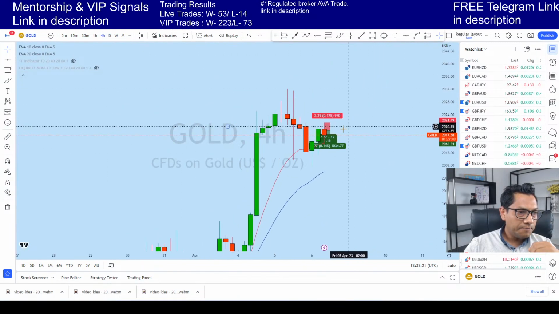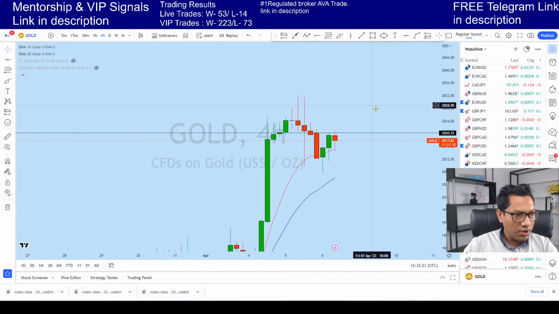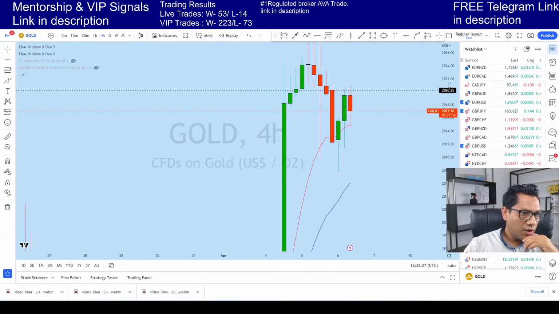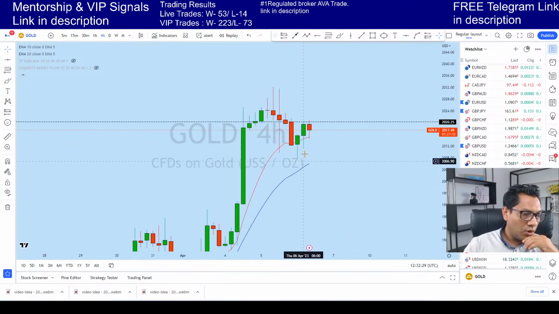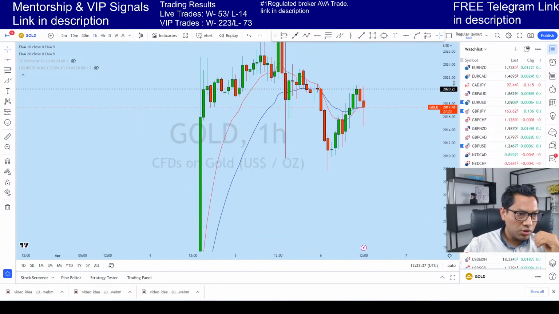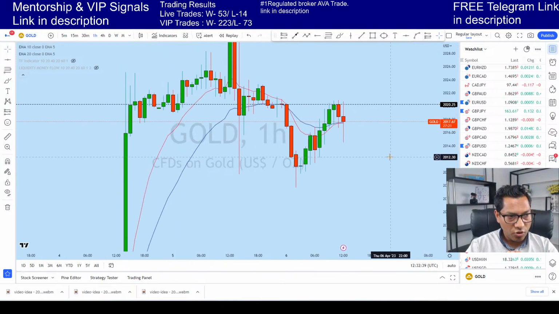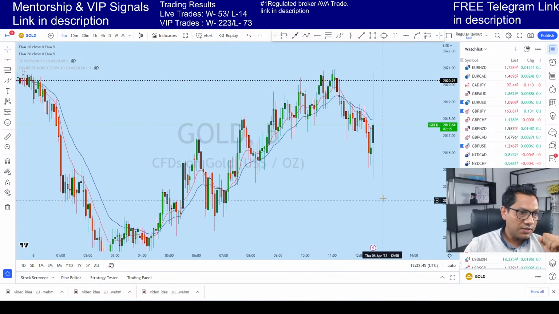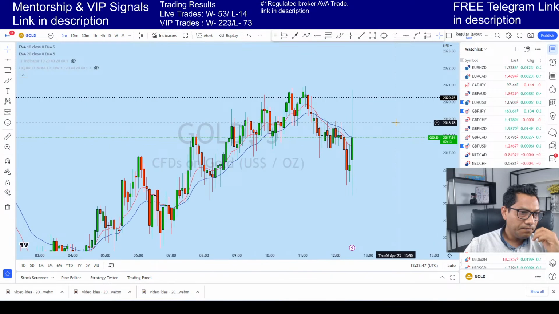From the intraday perspective, gold was consolidating along this zone from yesterday after this doji, moving sideways, and from the lower time frame we saw some up and down. I was waiting for a long time for an entry, and I just sold on the 5 minutes time frame, which in fact has come to the zone where we expected.